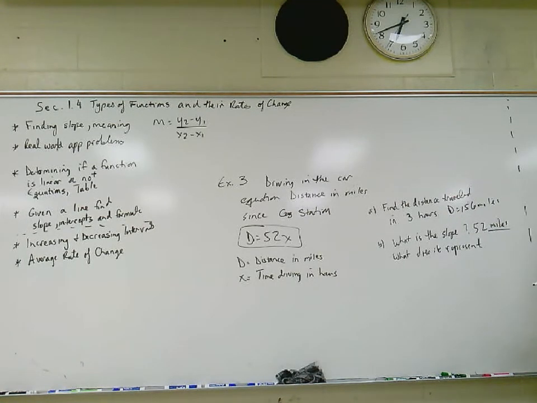Time in what? Hours. Hours is a unit of time. So 52 miles hours, you don't say miles hours, we say what? 52 miles per hour. So what does that stand for? That's the speed of the car. It's going 52 miles per hour. That's the speed. Okay. It's traveling at constant speed.